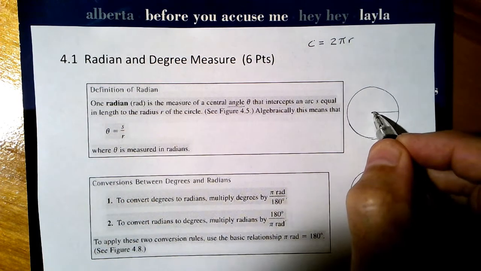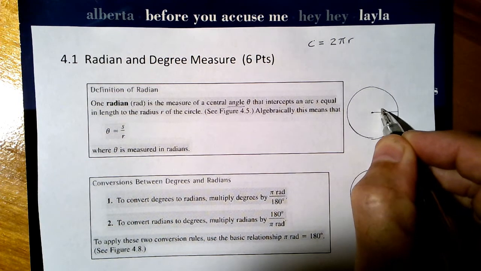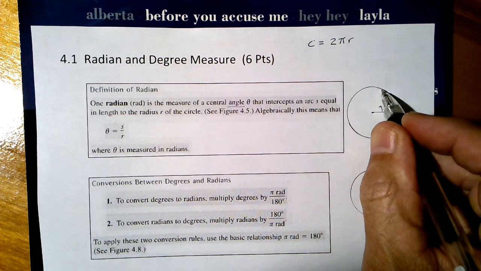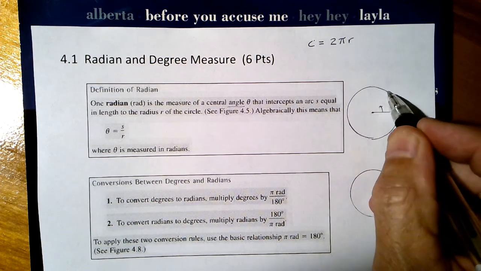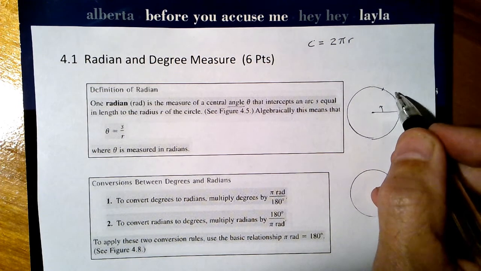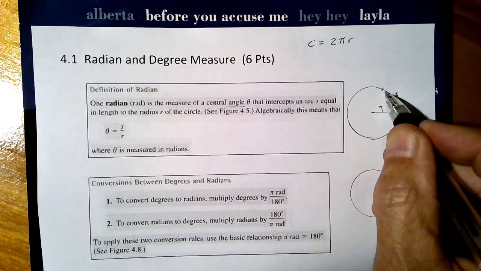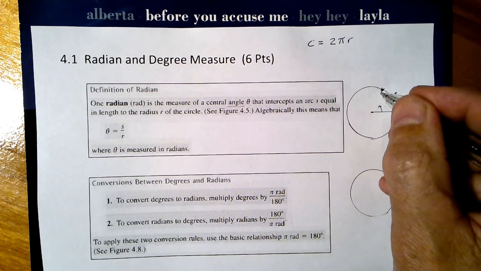Okay, so the radius of the circle is here, and I'm going to create an angle by rotating around this direction till I feel like this arc length seems like it's the same length as the radius. That's pretty close, that might be a little bit long, somewhere right around in here.